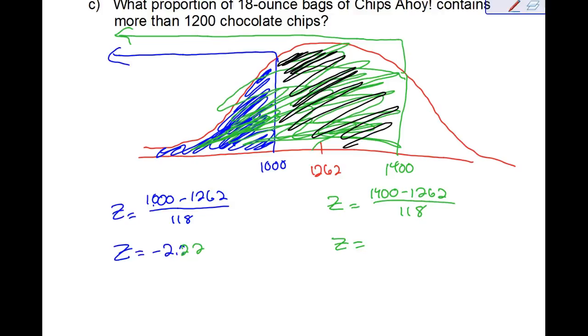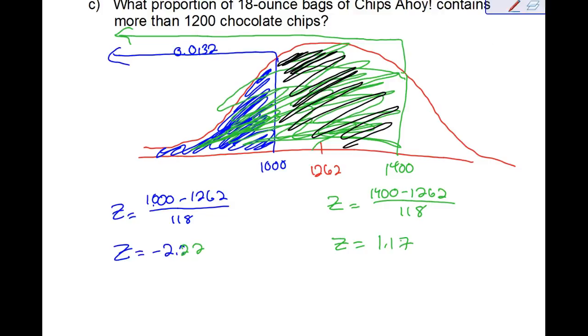This is going to give me a positive since it's on the right-hand side. And that's going to give me a positive 1.17. Well, I've already looked up this one because that was on the previous problem. That was a 0.0132.